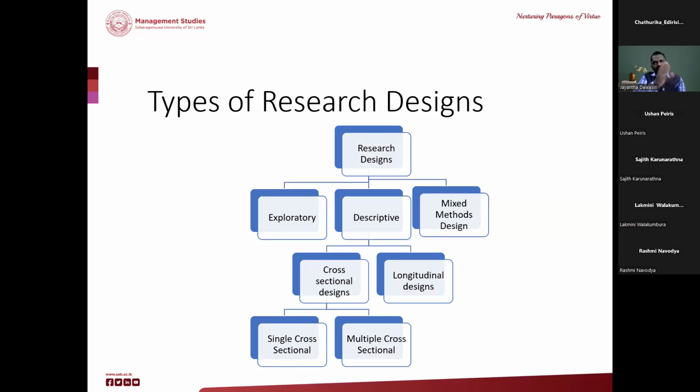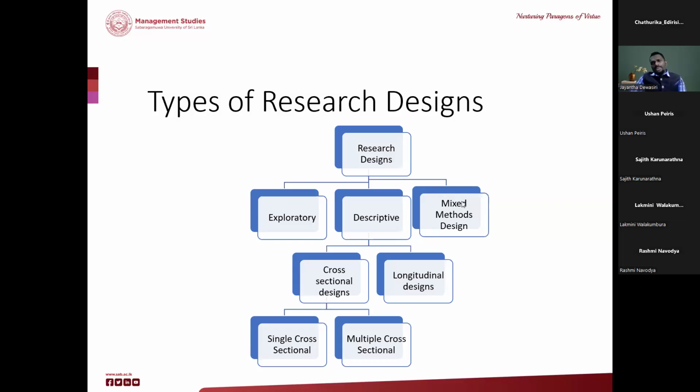I'm going to discuss the rationale for each design as well, which is essential. After completion of this, by simply looking at the title, you can say this is the appropriate design for this. By looking at the title itself, you can say what sort of design we can utilize for the study.